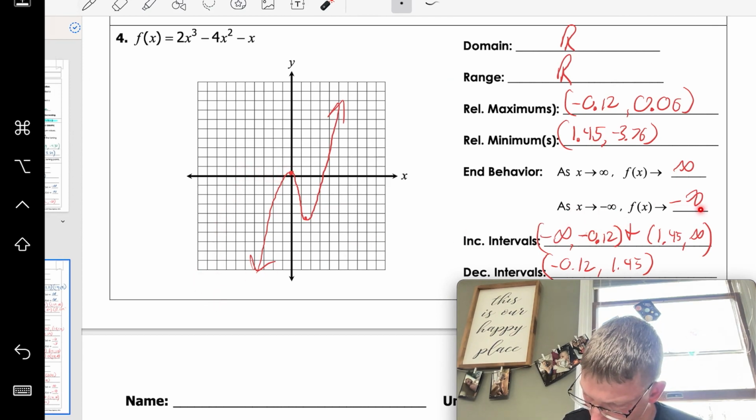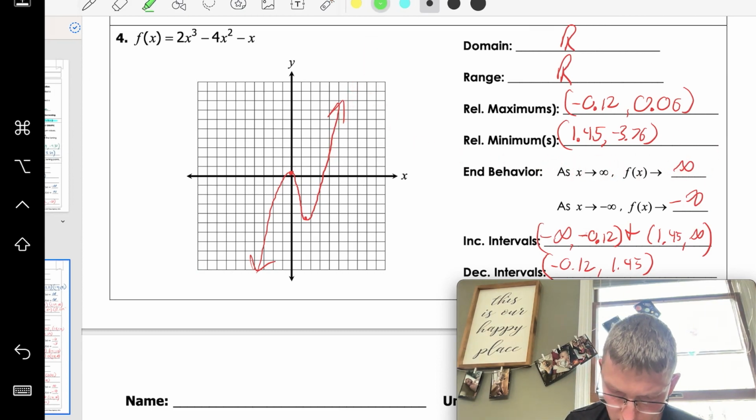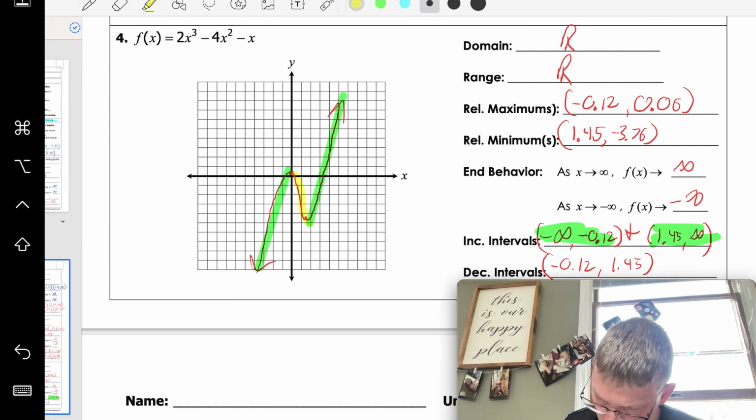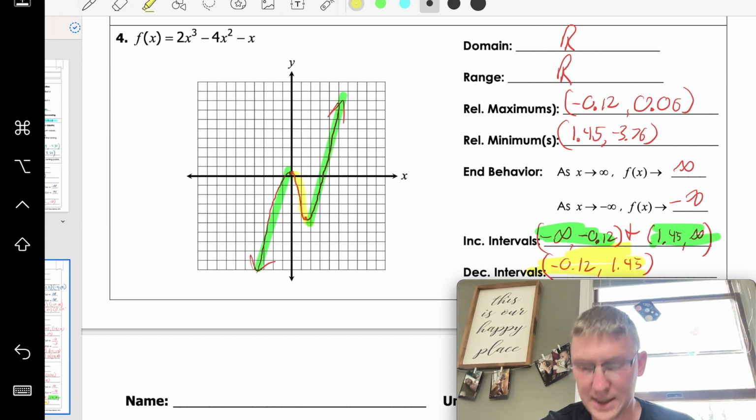That's this guy right here. As it goes to the right, it goes up. That's this guy right here. Our increasing intervals are right here and right there. Notice we have our infinity and our other infinity. And then our decreasing interval is just the one right there in the middle, which is just like that.